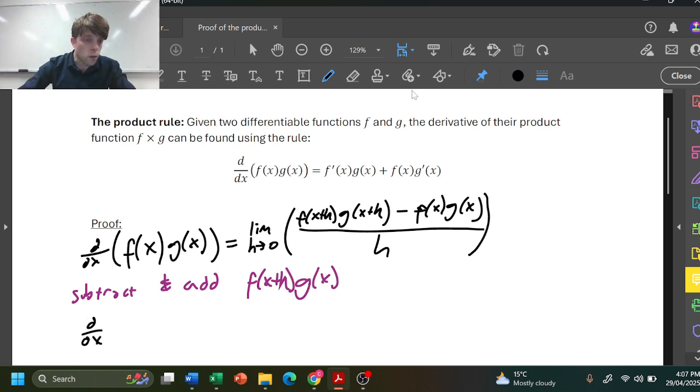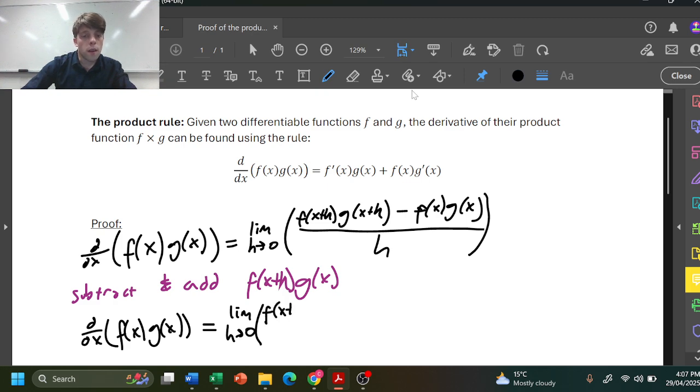So let's write out what we have so far. We're taking the derivative of f of x times g of x. And as we can see from above, this will be equal to the limit as h goes to 0 of f of x plus h times g of x plus h. And I'm just going to insert here in the middle what I've just spoken about. I'm going to subtract off f of x plus h times g of x, and then I'm going to add that back straight away.